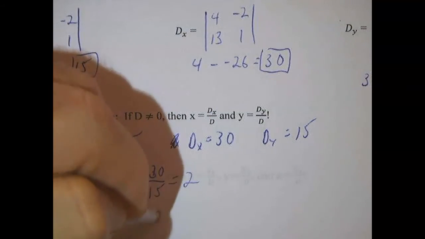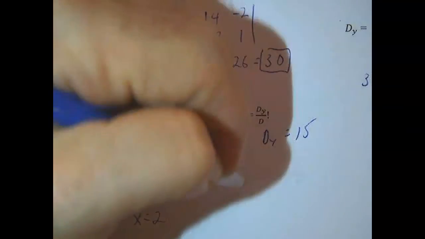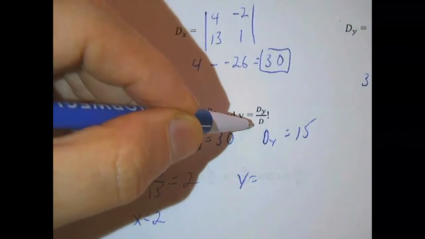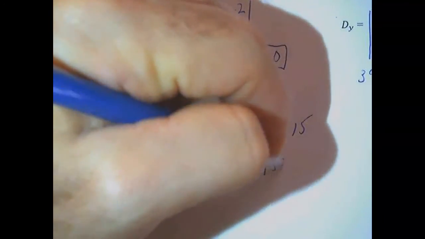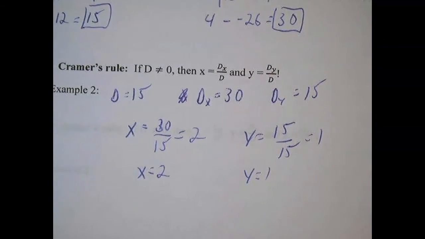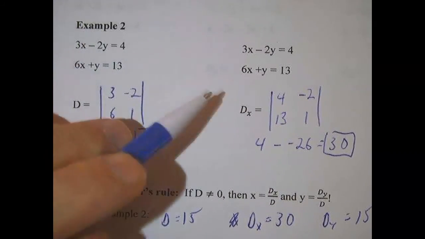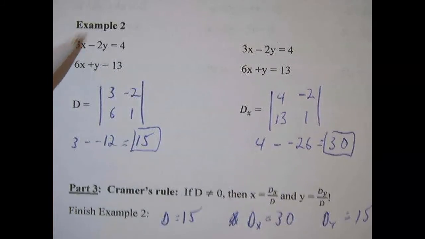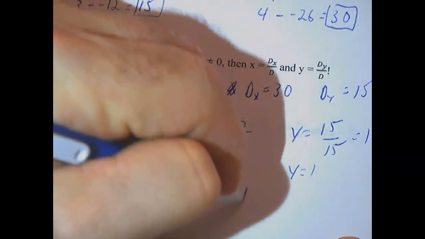So x is 2. If I want to find y, I take Dy over D, so I get 15 over 15, which is 1, so y is 1. These two lines that were originally given intersect at 2, 1.